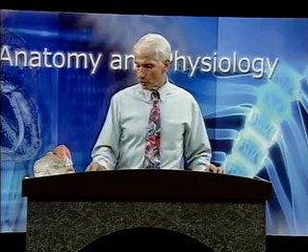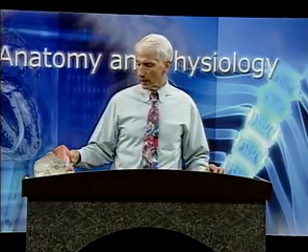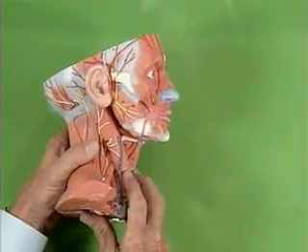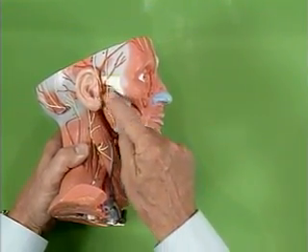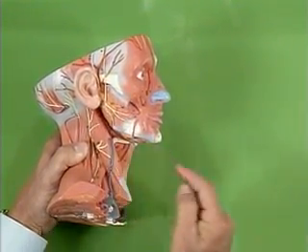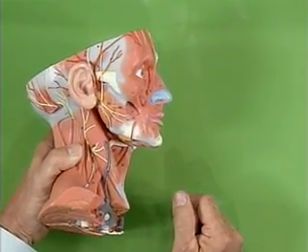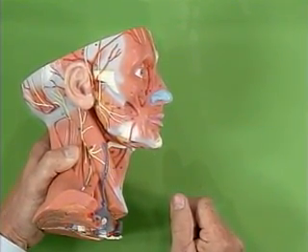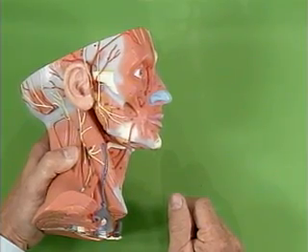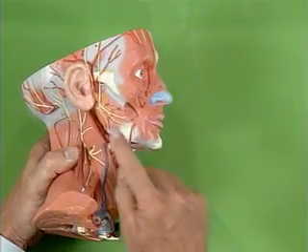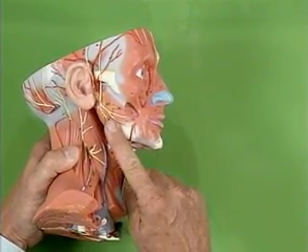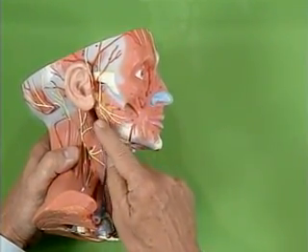And I want to show you those on some models just so you can see the location. If we go to the overhead camera, here's a head model, and this structure right here is the parotid gland. Now, PAR comes from a Latin word root that means near, and OT means ear. So this is the near-the-ear gland, and you can see that it is located very near the ear.